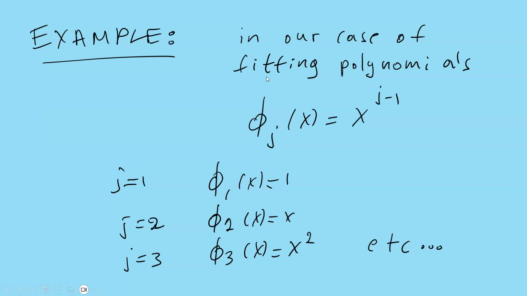For example, in our previous examples, we used the polynomial function for fitting over the noisy data, and we can write phi j of x equal to x to the power j minus 1. When j is 1, we are fitting a constant value over the noisy data. When j is 2, we are fitting a linear polynomial function over the noisy data, and so on. Again, phi j of x is defined by the user.